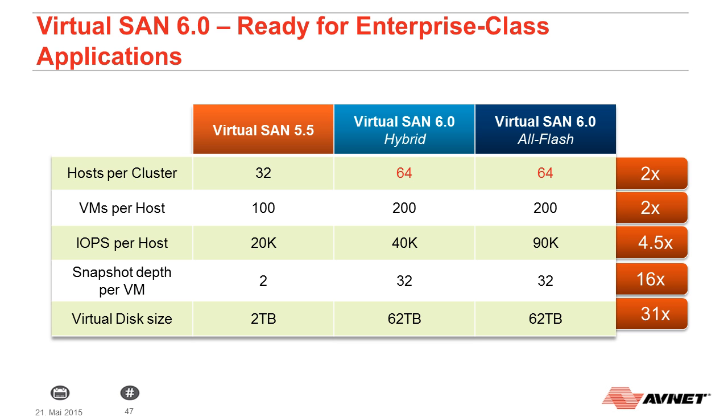And then the big thing here is if you look at the IOPS per host, if we have that traditional virtual SAN hybrid model, so that is where we're using the solid state for cache, we're using the spinning disk for capacity, we've doubled the IOPS per host. And then if you look at the all-flash architecture, that's 4.5, almost 5 times the throughput per host.